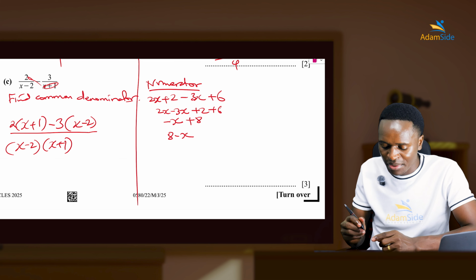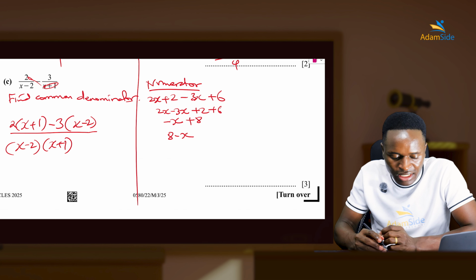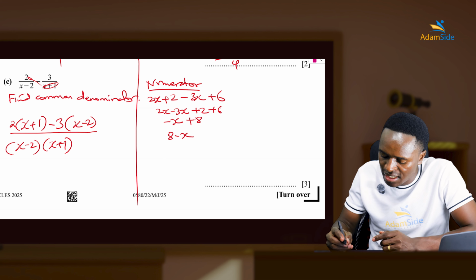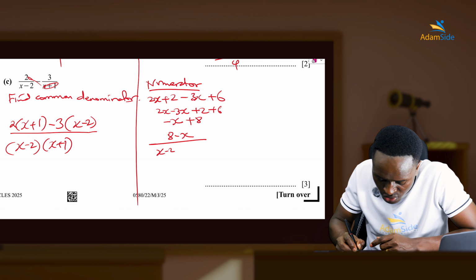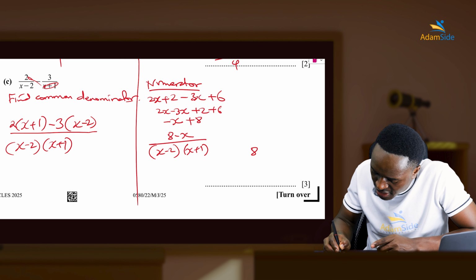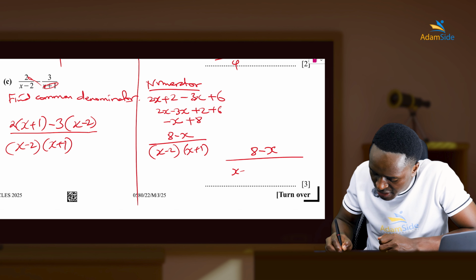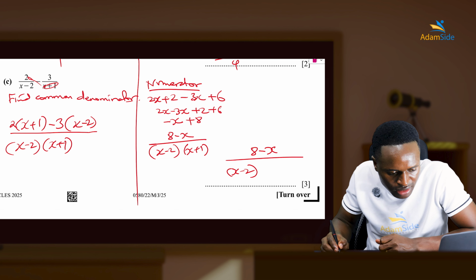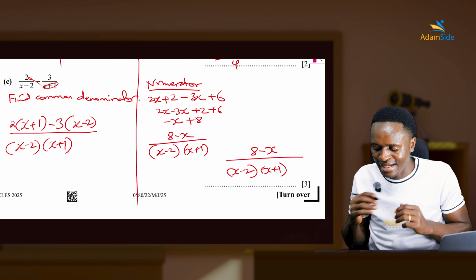Down here, I have my answer over x minus 2, x plus 1. So our answer here is 8 minus x over x minus 2 and then x plus 1. Correct. You get the answer.